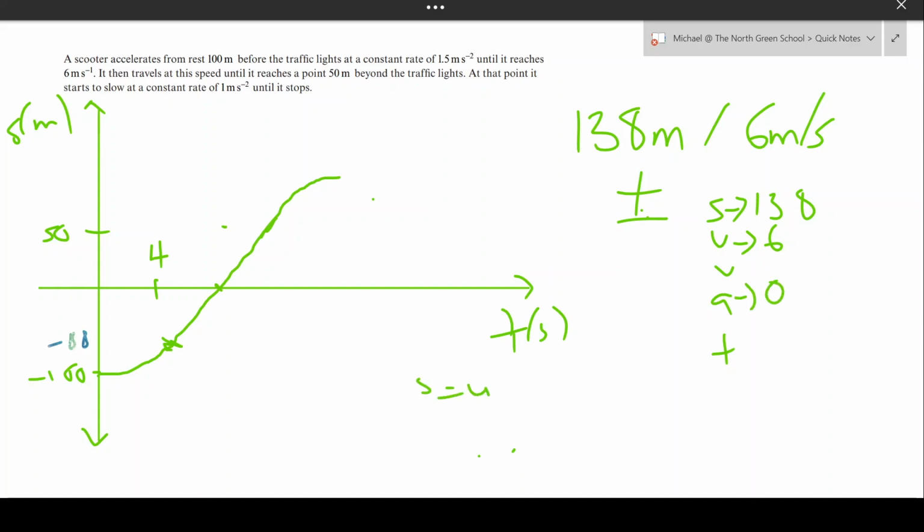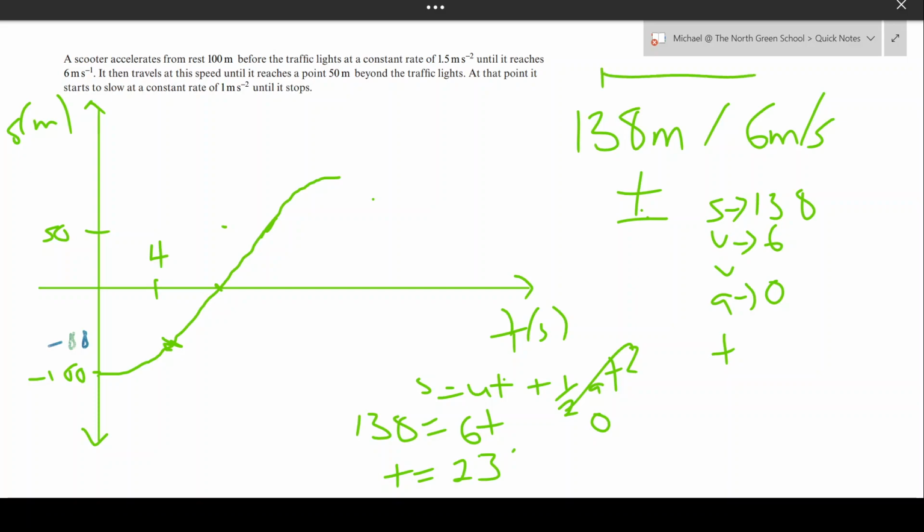So s equals ut plus half at squared. The half at squared cancels out, since the acceleration is 0. So 138 equals 6t. What's 138 divided by 6? It's 23. So it takes 23 seconds to get from 88 meters away, reach the finish line, and then cover another 50 meters.